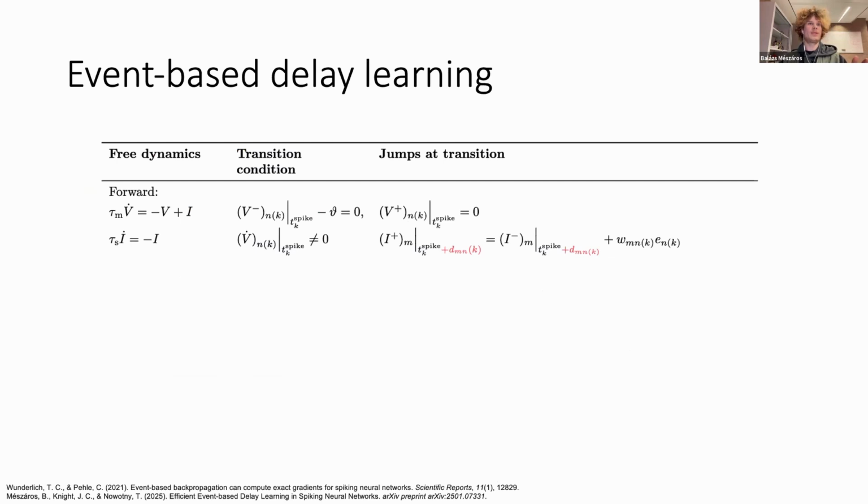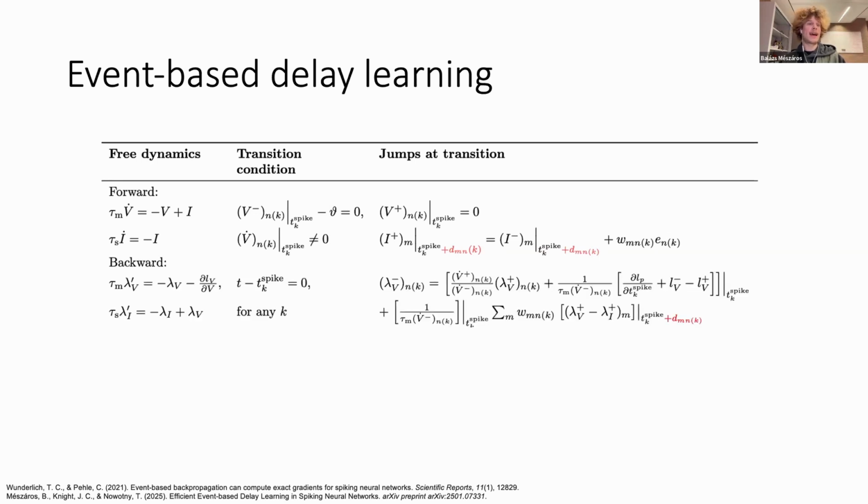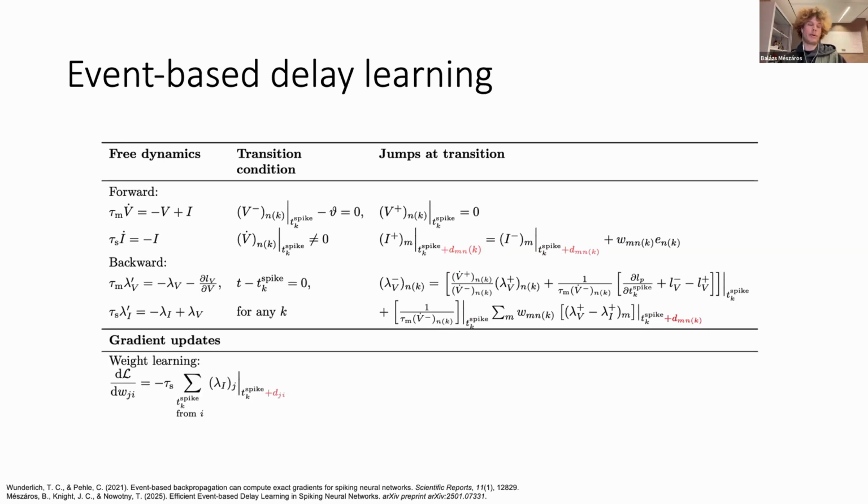So I would like to talk about this event-based delay learning algorithm that I worked on before in my PhD, or I'm still working on it, but this aspect of it is already done. So using the EventProp formalism, we derived delay learning for leaky integrate-and-fire neurons, and we get these scary looking update equations or backward dynamics, but the update equations themselves, both for weights and for delays in the system, are really efficient because they only happen at spike times.